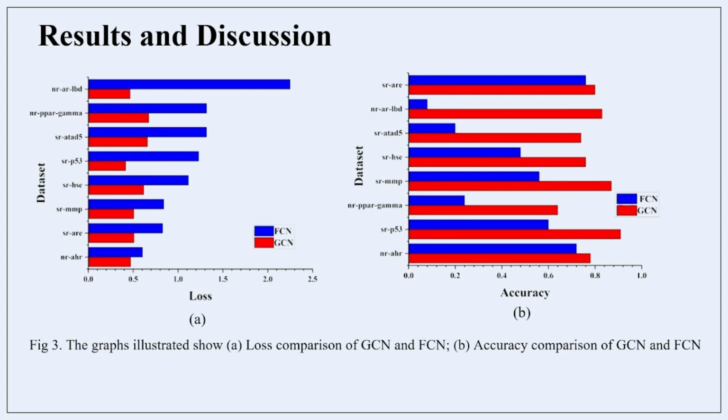This property is very essential since the atoms are interacting with each other, which helps the model in understanding the potential interactions between the molecule and the biological pathways. And from the graphs, we have illustrated that the GCN has beaten the FCN in the 8 datasets that we have taken from the TOX21 dataset.